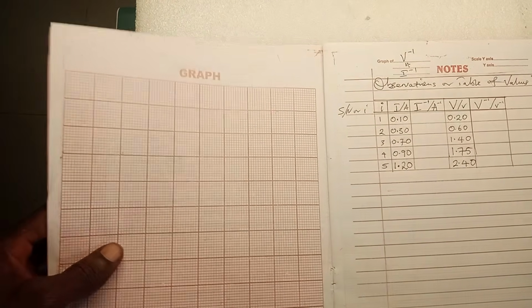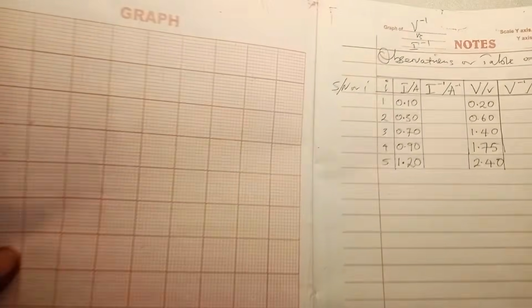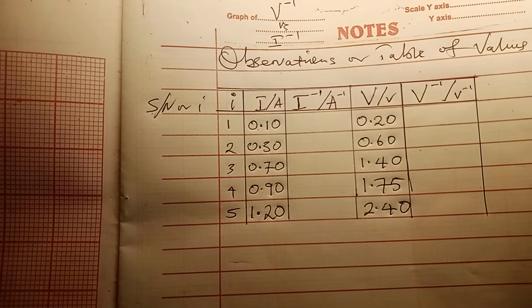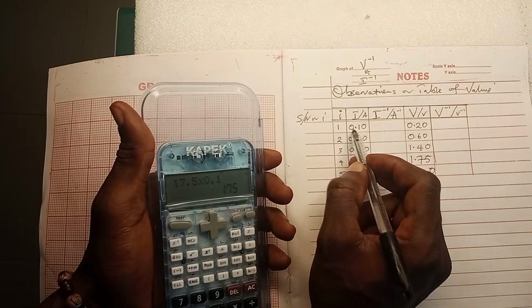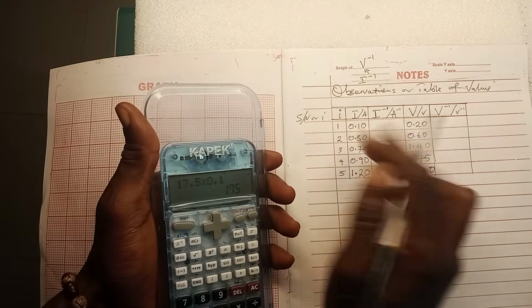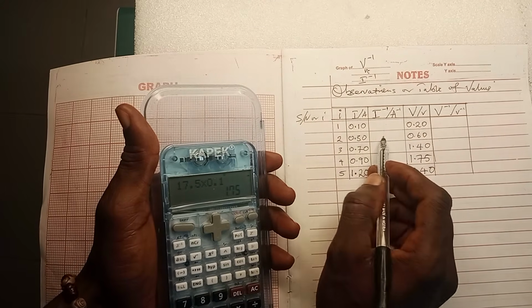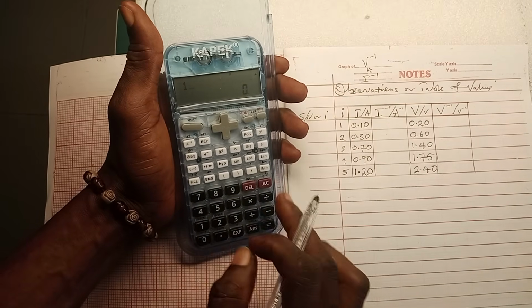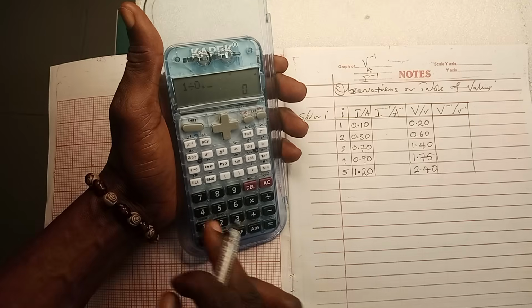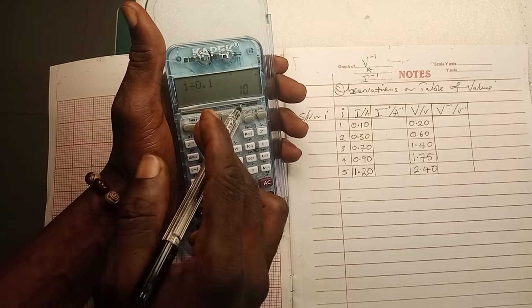The next thing to do is to find the inverse of I and the inverse of V. It is simply saying 1 divided by this, you put the result here. Quick, let's go. So we'll have 1 divided by 0.1. We have 10.